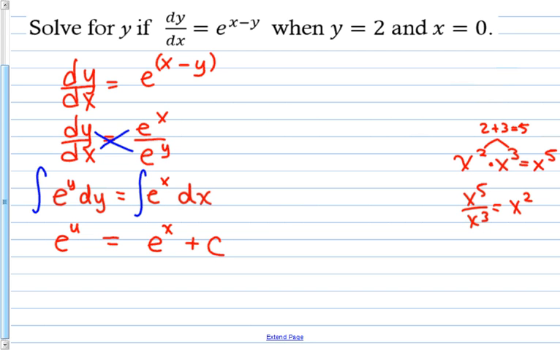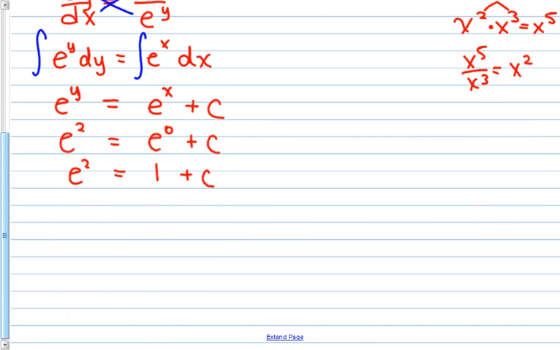So then they gave me some values for y and x. y is 2, so e squared equals, and then x is 0, e to the 0 power plus c. Anything to the 0 power is 1, so 1 plus c equals e squared, and I'm just going to leave everything in e. There's no need for decimals.